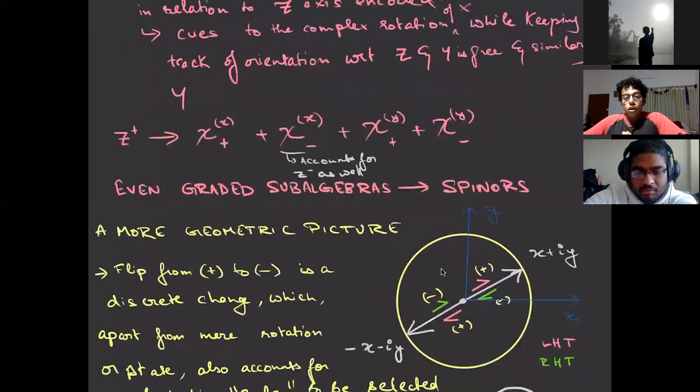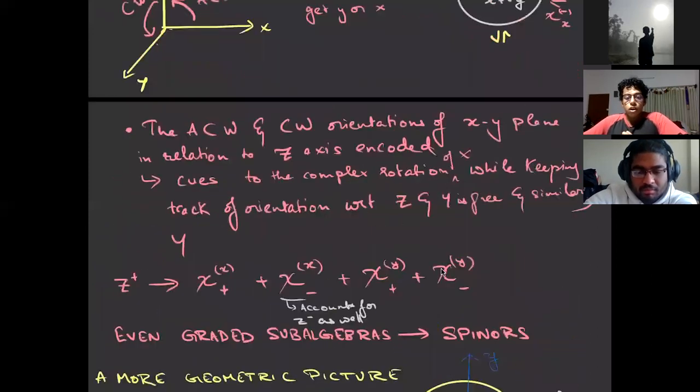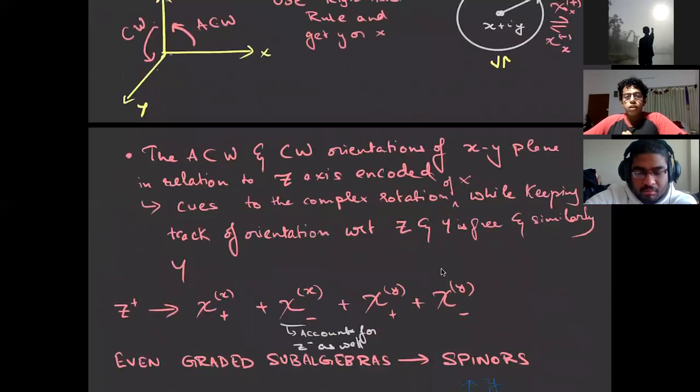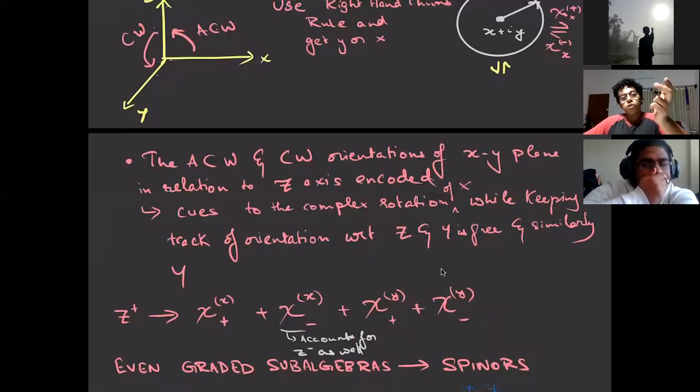Another slight note here: whenever you talk about spinors, you have to mention that spinors can be defined only with even dimensions. Now, what happens in this particular case is that you're already fixing your spin along the z axis.